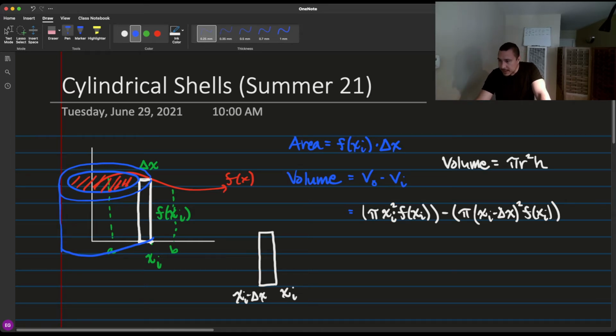Looking at that, you realize that you can factor out the pi f of xi, and that will leave you with xi squared minus xi minus delta x quantity squared.